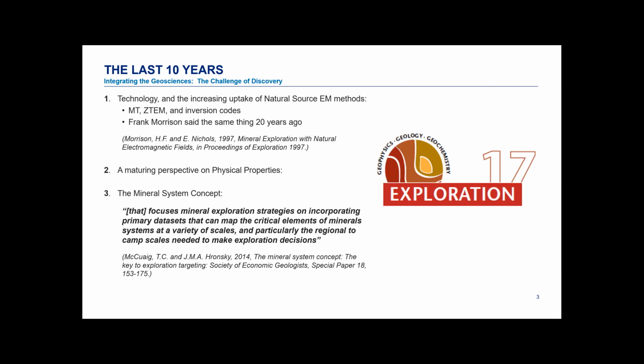And then I discussed this mineral systems concept. I'm just going to read it. It says, mineral system concept focuses mineral exploration strategies on incorporating primary data sets that can map the critical elements of mineral systems at a variety of scales, particularly the region or camp scales needed to make exploration decisions. And that is key.